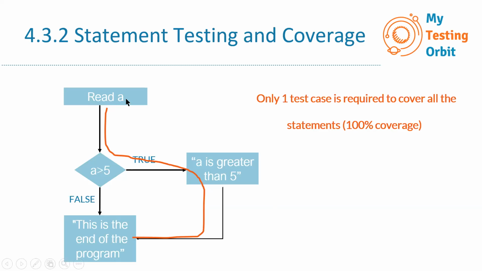Read A. First of all, it's taking the input of A, and then checking if A is greater than 5. Then if the statement is true, it prints A is greater than 5, and after that, it's also printing this is the end of the program. In statement testing, we don't cover the false statements.